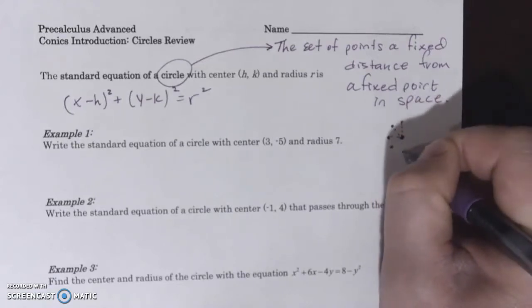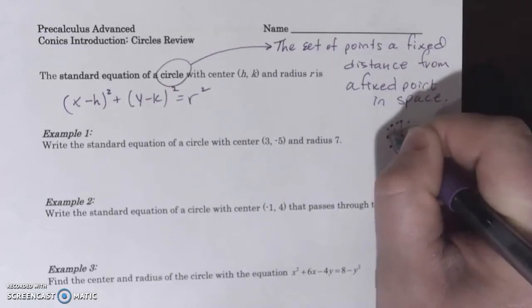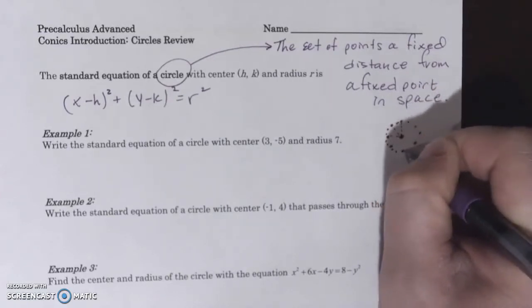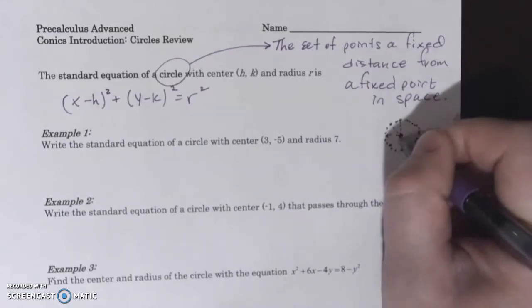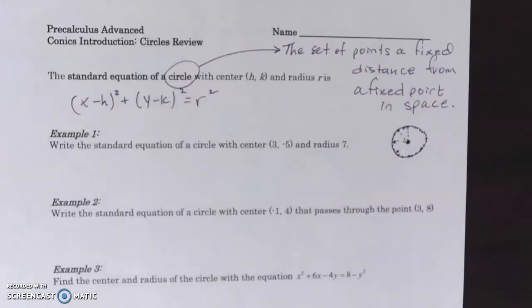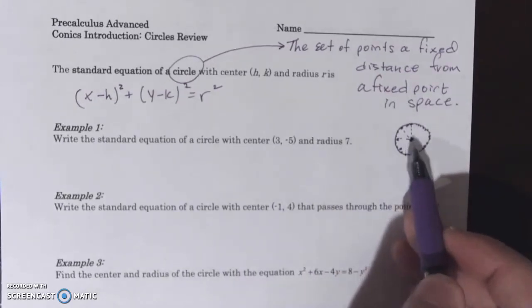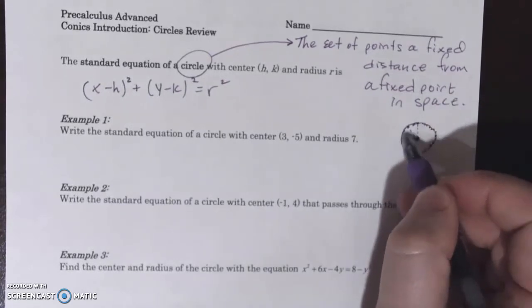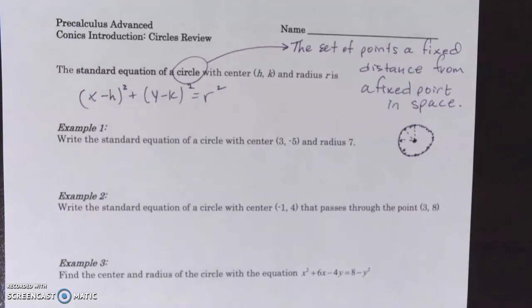What you would see is that if I put every single point, all infinite amount of them, on this paper that were exactly 1 inch from that fixed point, it would end up forming the shape of a circle. Now that's a freehand circle, so obviously it's not perfect. That fixed point in space becomes the center of the circle. That distance that each of these points is away from the center becomes our radius.